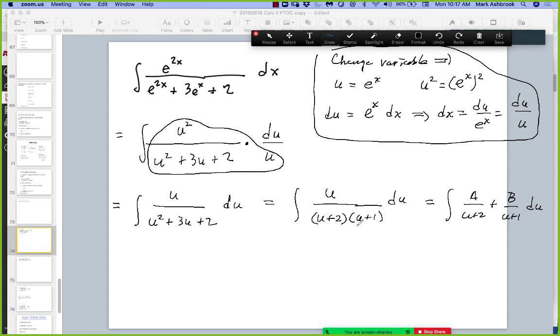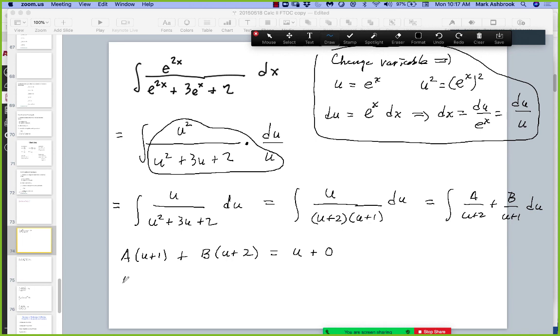Our common denominator will simply be the product of these, so to get the common denominator in the first fraction, I'll have a times u plus 1 over u plus 1. To get the common denominator in the second fraction, it'll be u plus 2. And what does all that have to equal? The original numerator, u, so u plus 0.